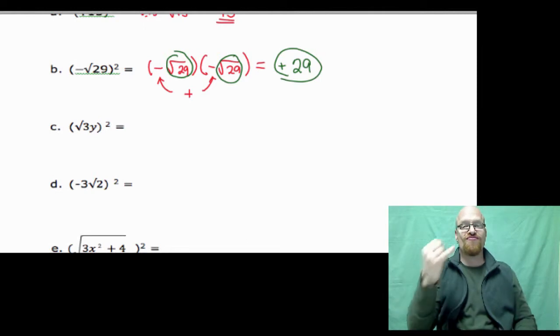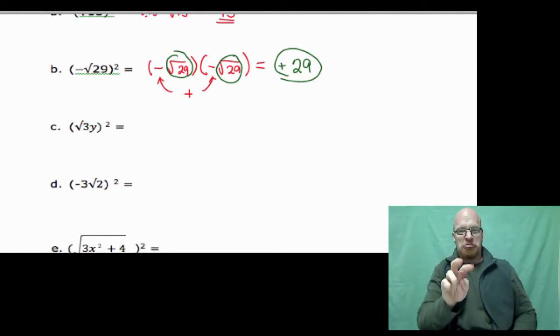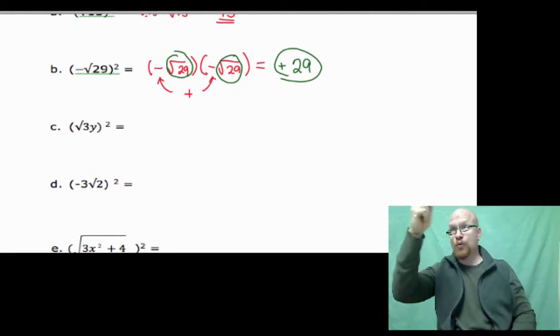Now, our next example. The square root of 3y squared. And that cancels each other out.